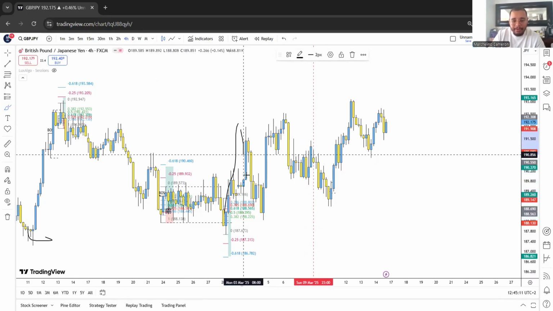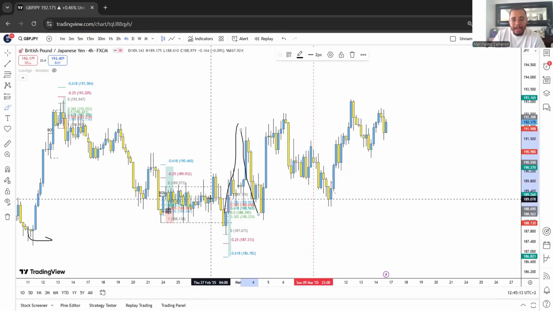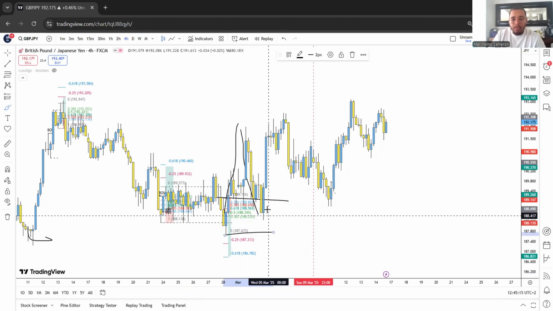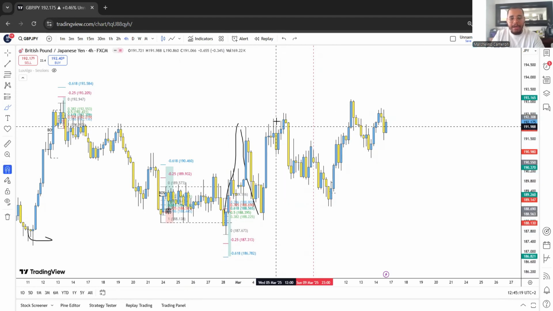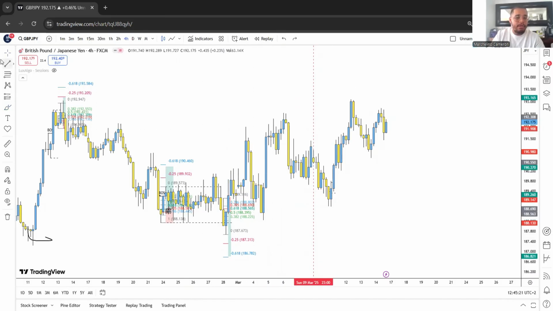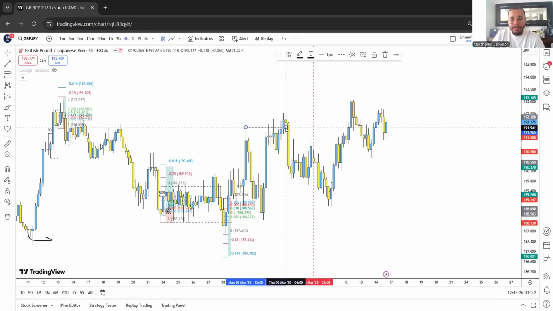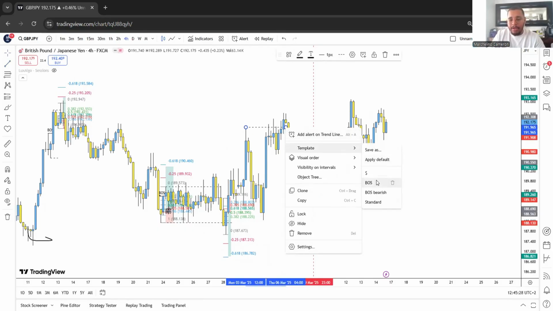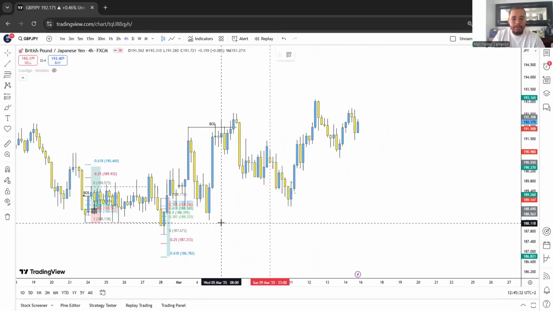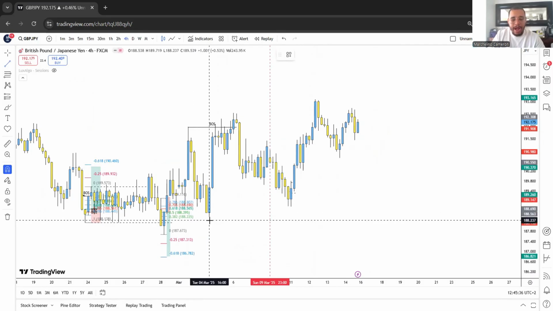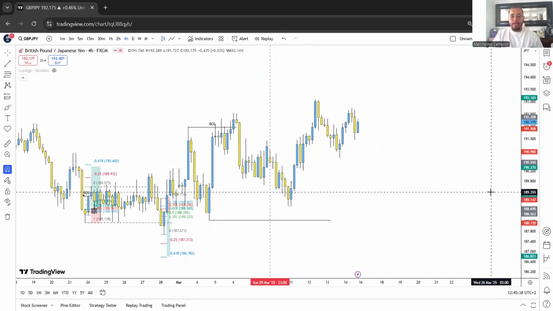You can then see that price action came back and mitigated orders right here. We then see another bullish shift of structure right there, and let me actually mark it out because these are the key levels for me going into this past week. So we had a break of structure to the upside right here, and then this was our new higher low coming into this week from a 4H perspective.